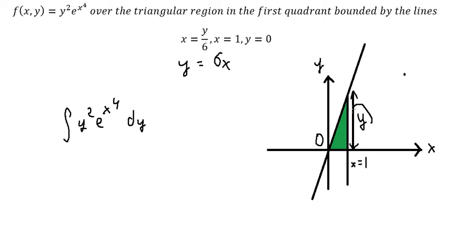If we look at y, we can see that y is greater than number 0 and smaller than or equal to 6s. So the boundary of y should be from 0 to 6s. Now let's go to s.